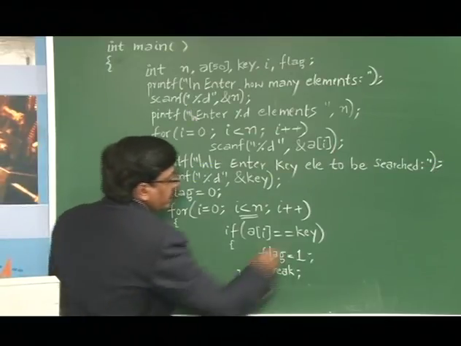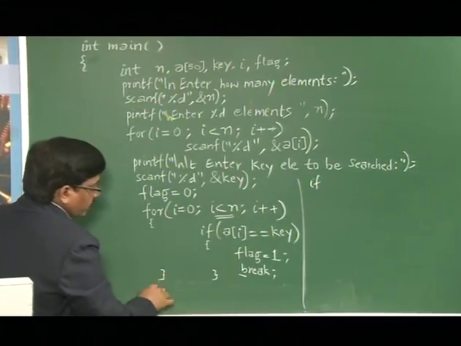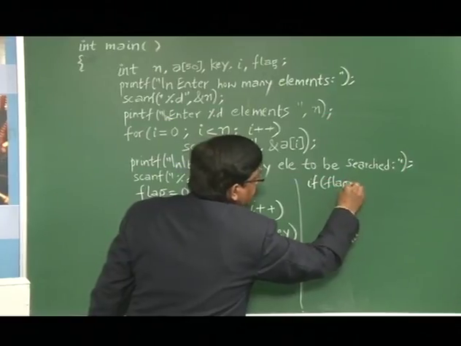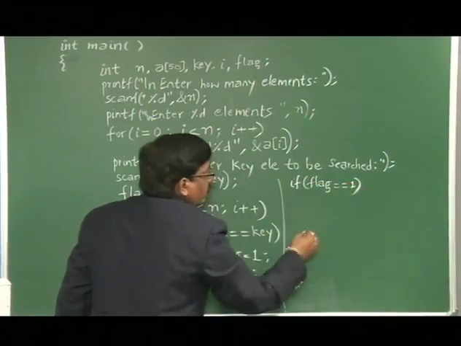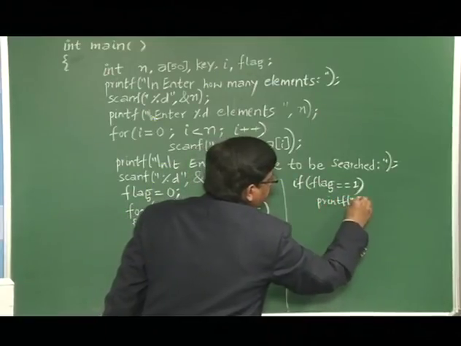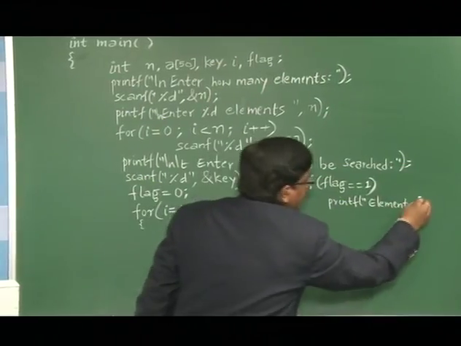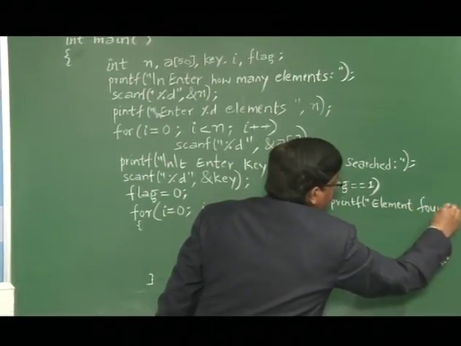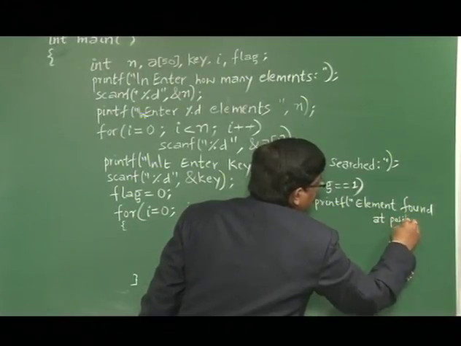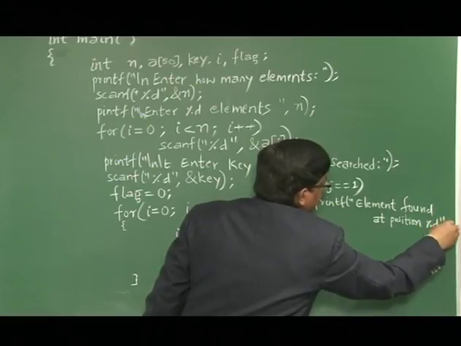let me write the code here. After coming out of this particular loop, if flag is equal to 1, I will print a message: printf "element found at position %d", i.